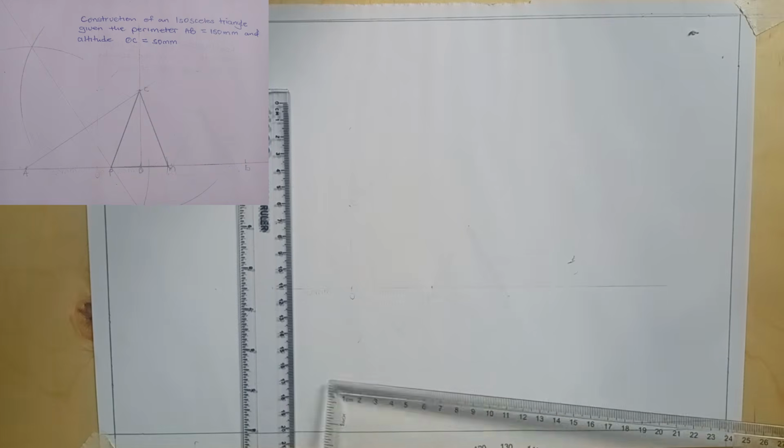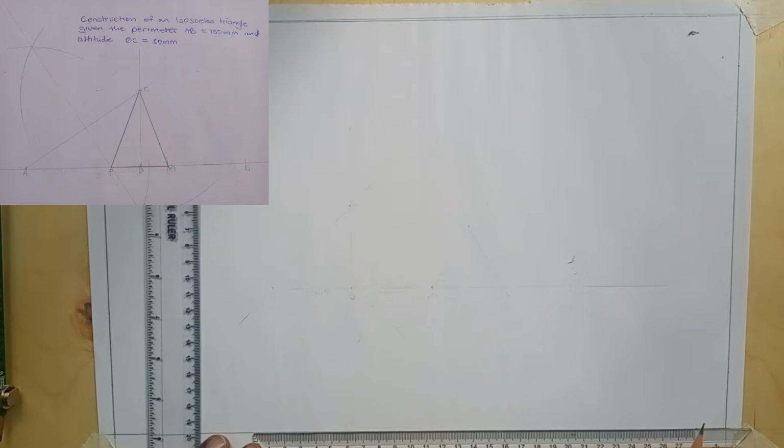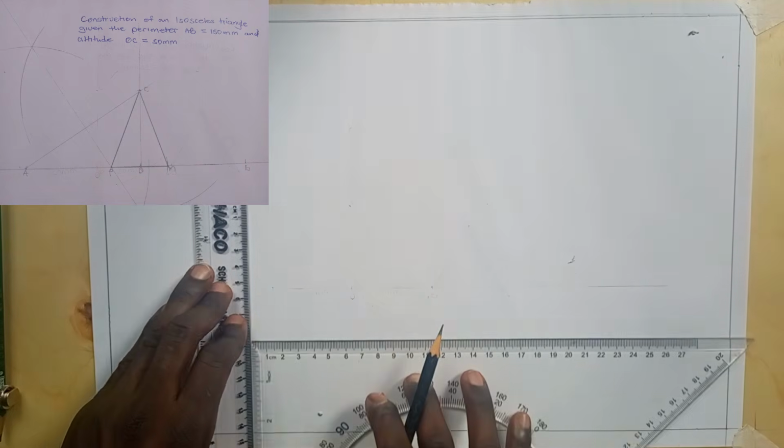So with our plain sheet of paper already bordered, we are going to draw a horizontal line parallel to one of the border lines.